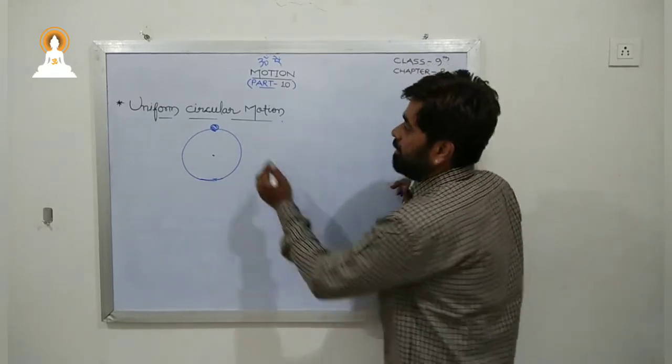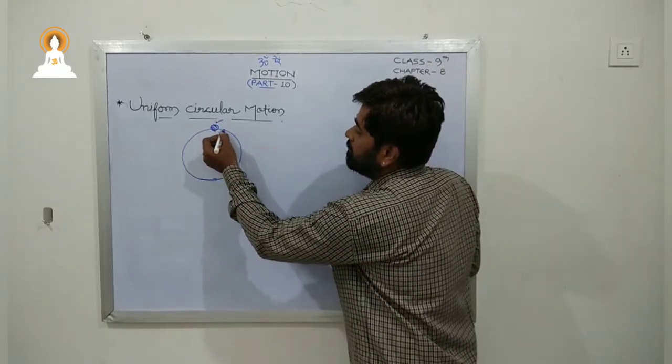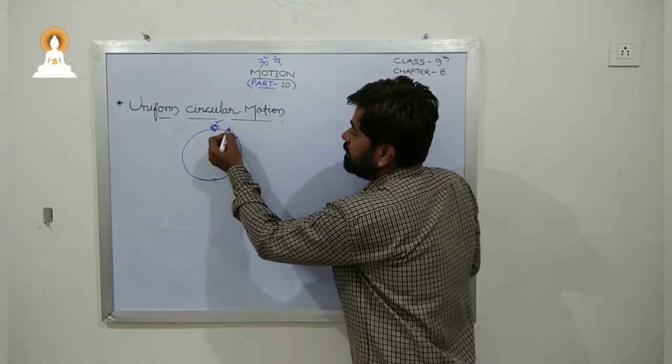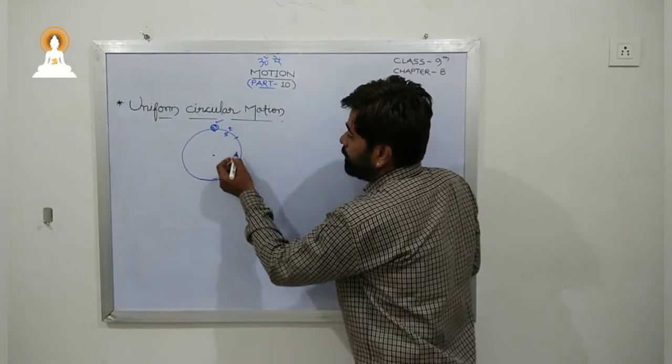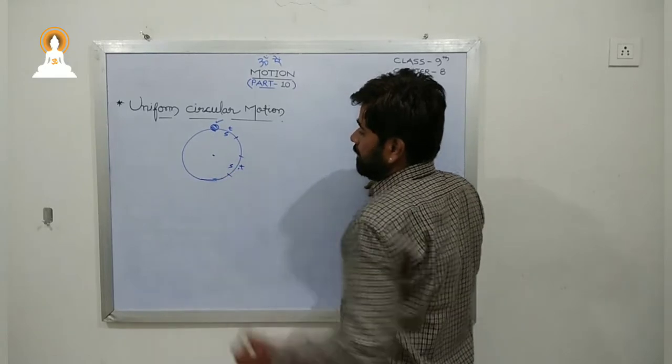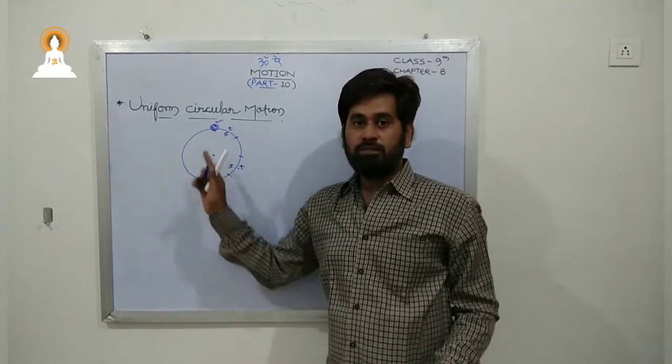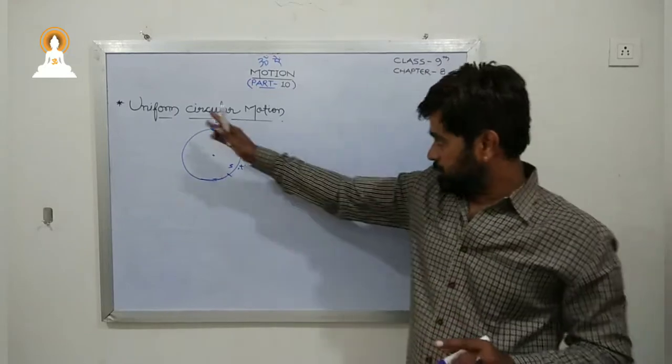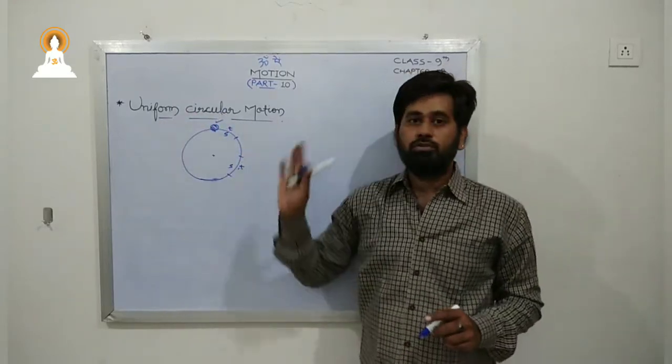Listen once again: if the object covers equal distance in equal intervals of time for different positions, we say it is performing uniform circular motion.